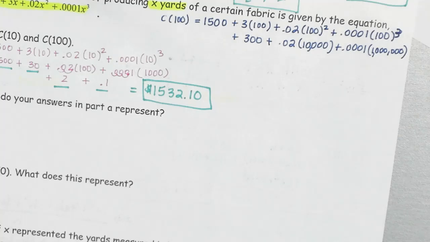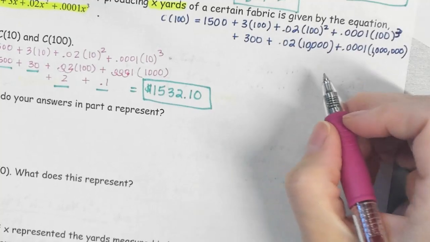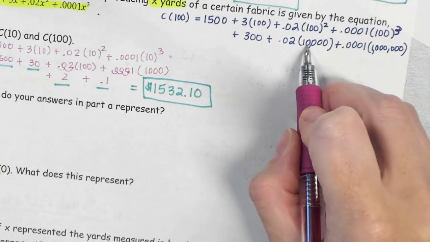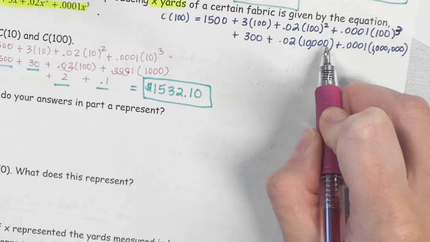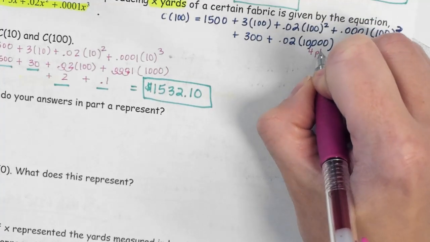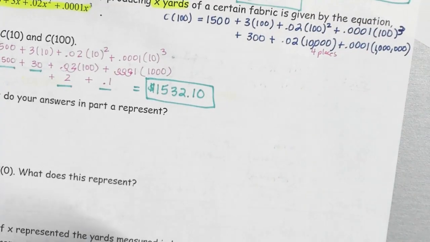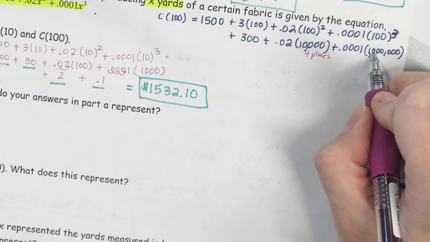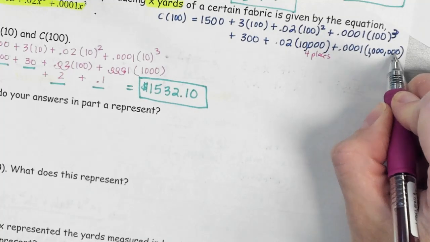Every time you have a 0, that's just going to represent how many places you move it over. So 10 is 1 place, this is 2, this is 3, this is 4. So we're just going to move it 4 places here. And 10 is 1 place, 2, 3, 4, 5, 6.